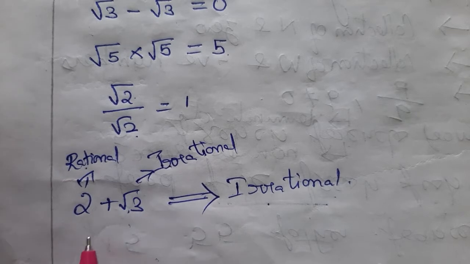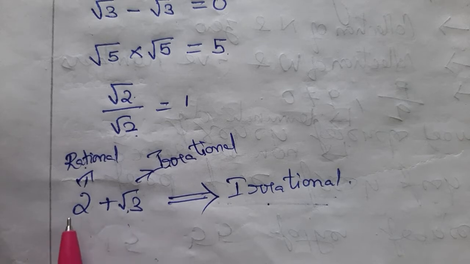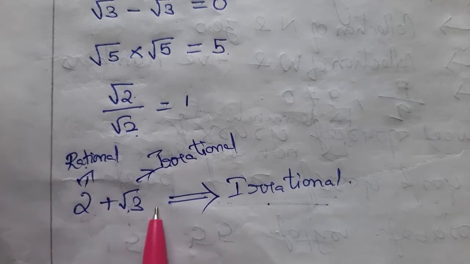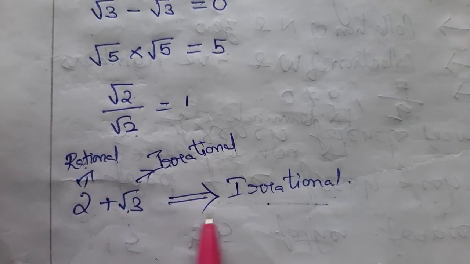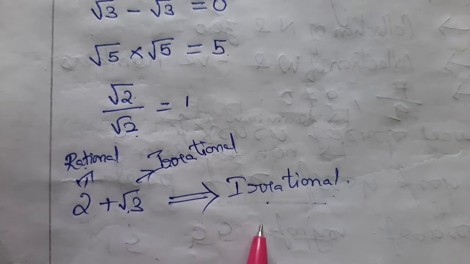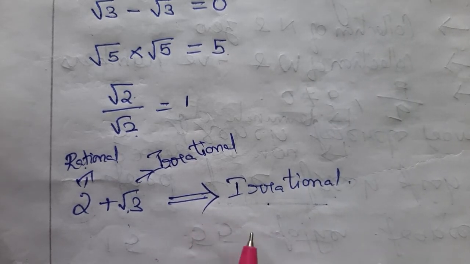The same goes for subtraction. If you just do 2 minus square root of 3 also, right? Adding or subtracting this rational number will not make much difference to the irrational decimal value. An irrational decimal value is non-terminating and non-recurring. It does not change much in those decimal values. So the result will always be irrational, right?